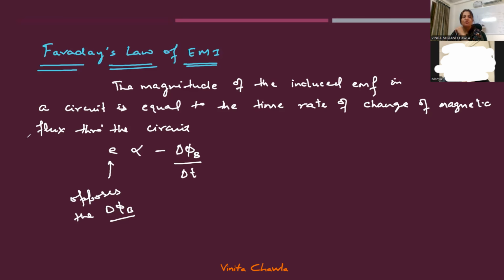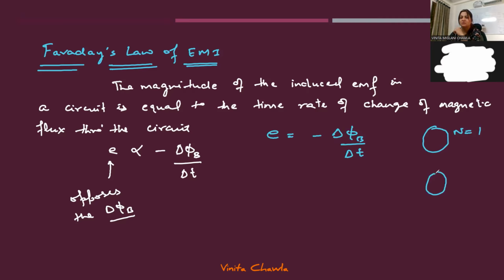And to remove the sign of proportionality, we add a constant. And here the constant is 1. So we can directly write E is equal to minus del phi B by dt. So this is for 1 turn. If the coil has just 1 turn, then we write like this. For the coil with n number of turns, we just multiply it by n. It becomes n times.